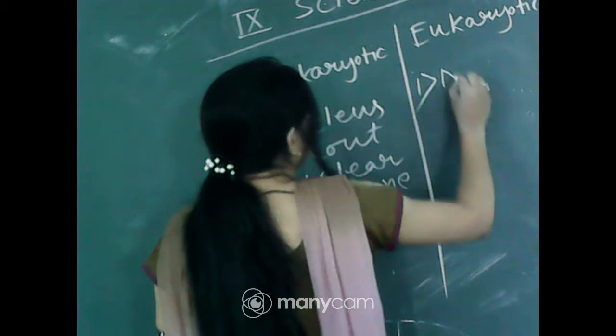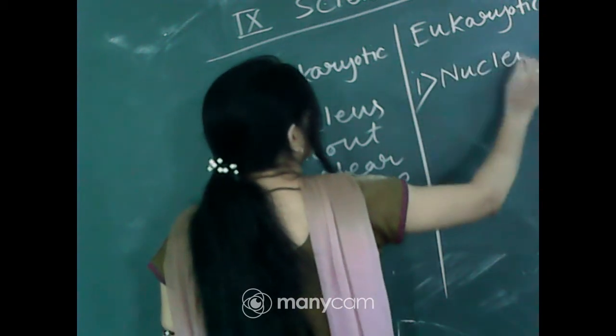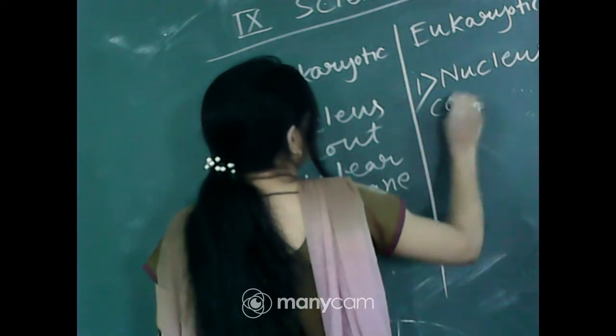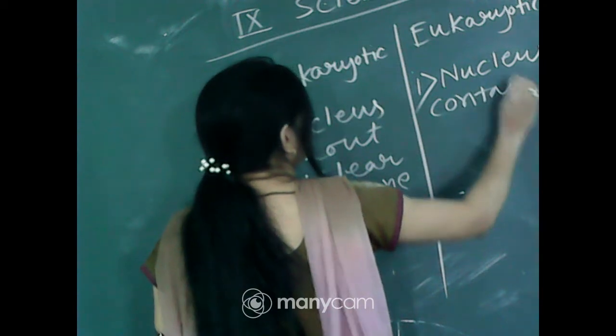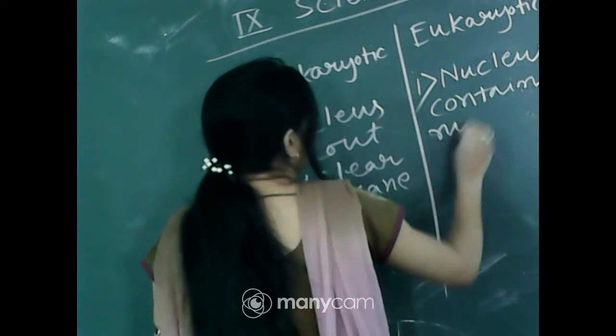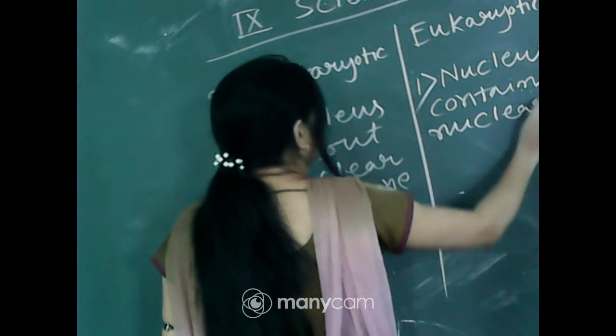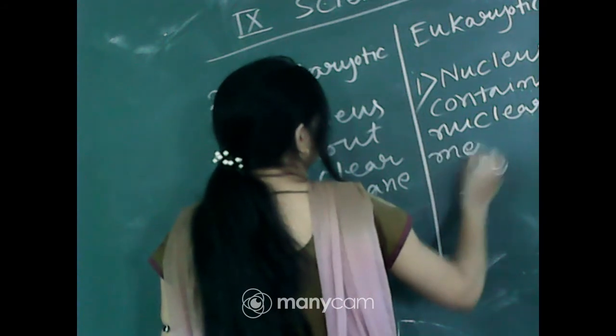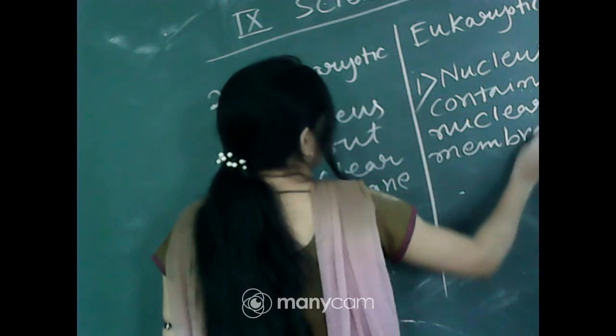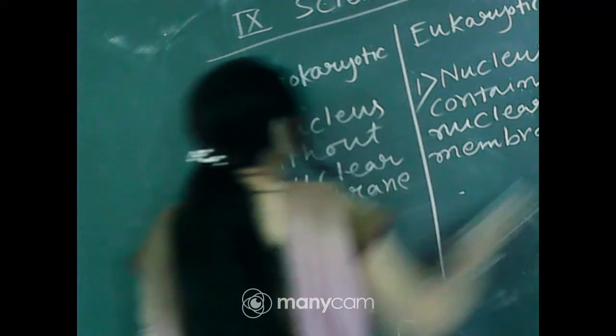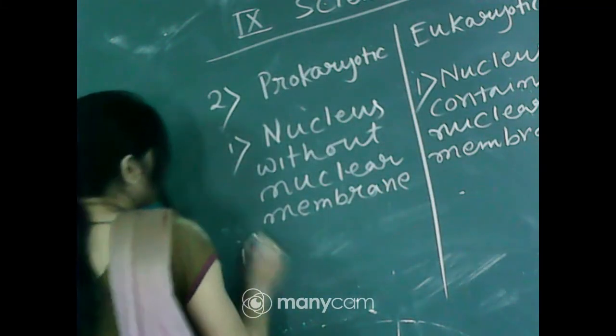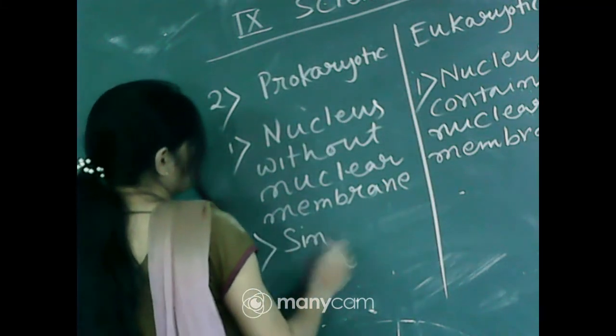In eukaryotic cells, their nucleus contains nuclear membrane. In prokaryotes, a single chromosome is present.